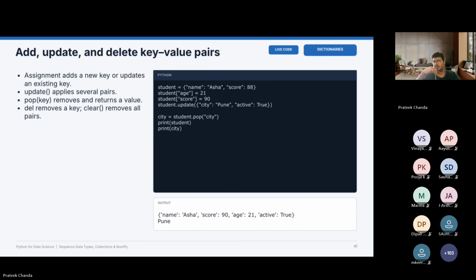So that's the kind of operations that you have. Also, if you do student.pop, it returns you the value corresponding to it. So you can assign it to a variable and print it also. So that's basically the operations like addition, update, and so on.